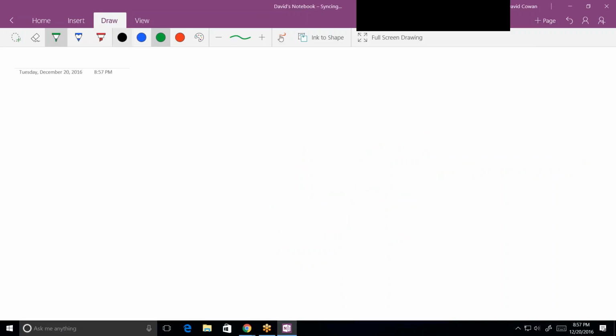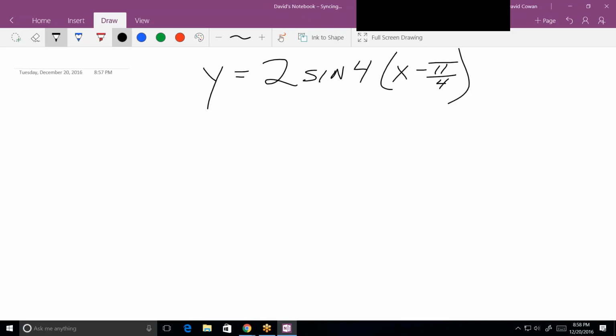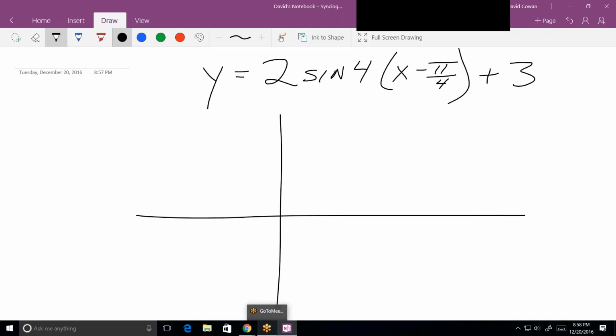So one last thing. Let me draw a function and let's graph it. This has got everything involved. I'm going to graph it one thing at a time.